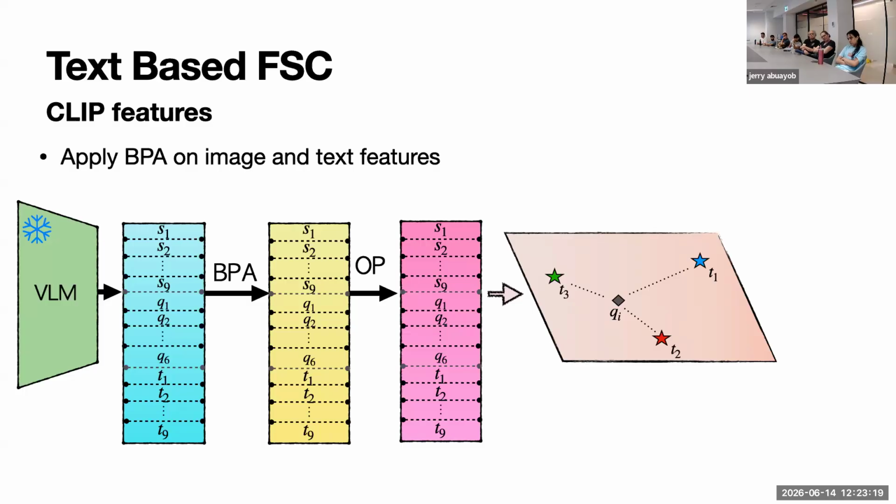Whereas if I do the OP before the BPA, all of the distances become noisier than they were before, and then applying clustering on that shouldn't work as well as if I do it after.